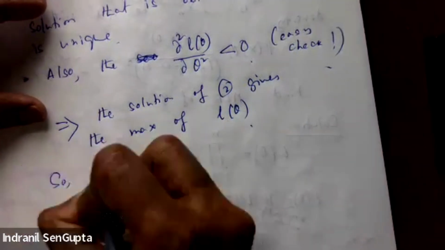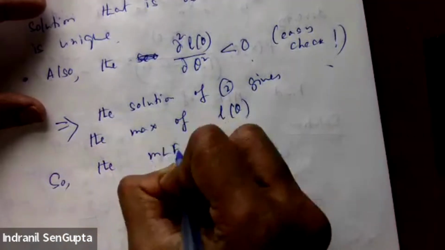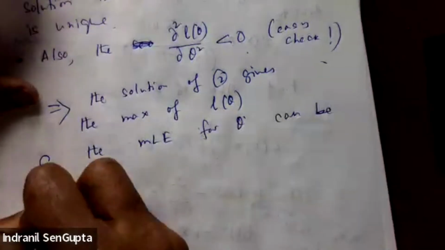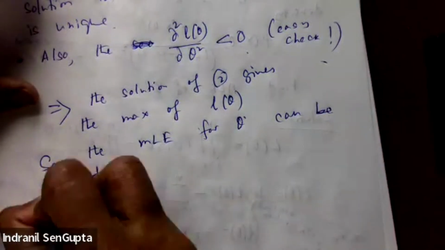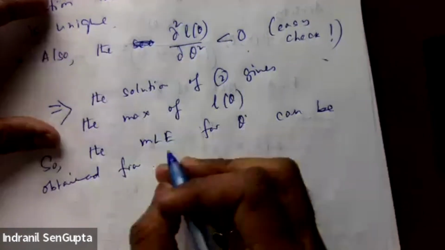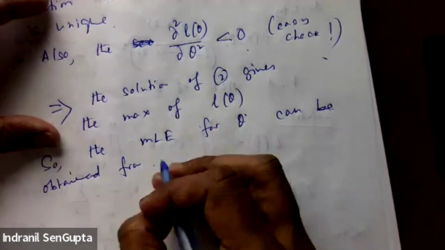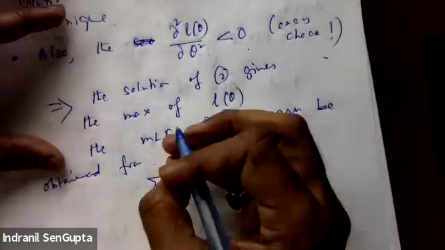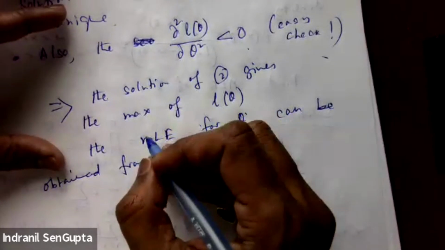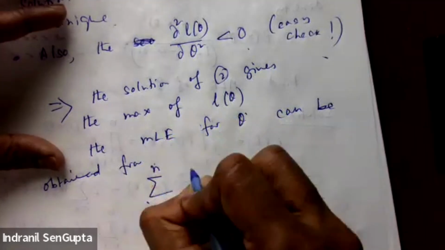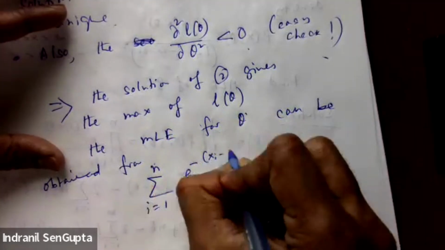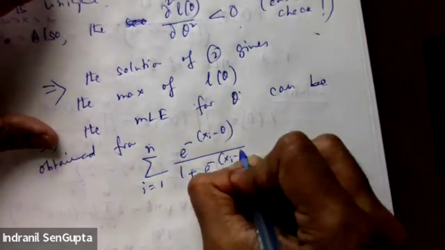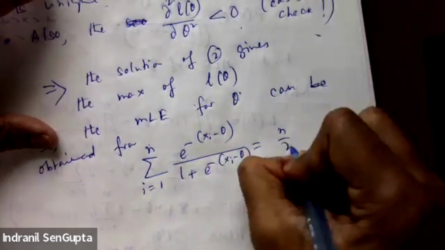So the MLE for theta can be obtained from this one. Basically what we have to solve is this equation, summation i from 1 to n of e to the minus xi minus theta over 1 plus e to the minus xi minus theta equals n over 2.